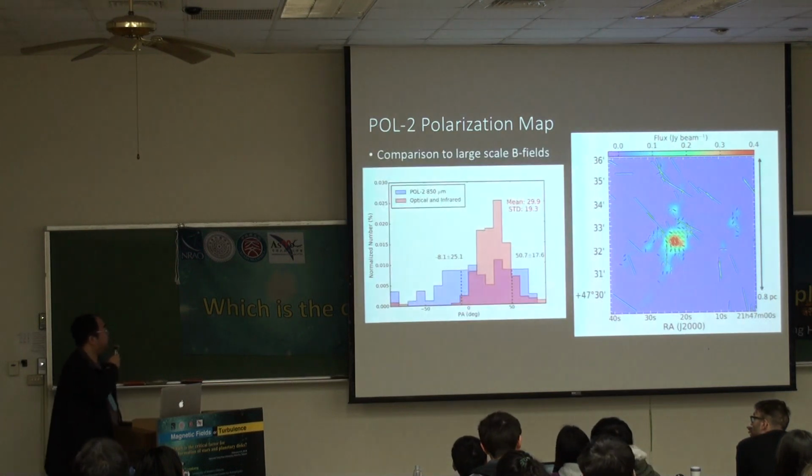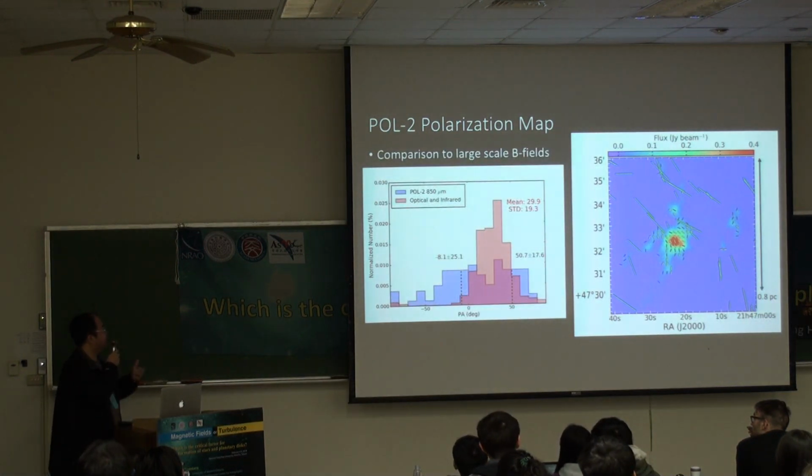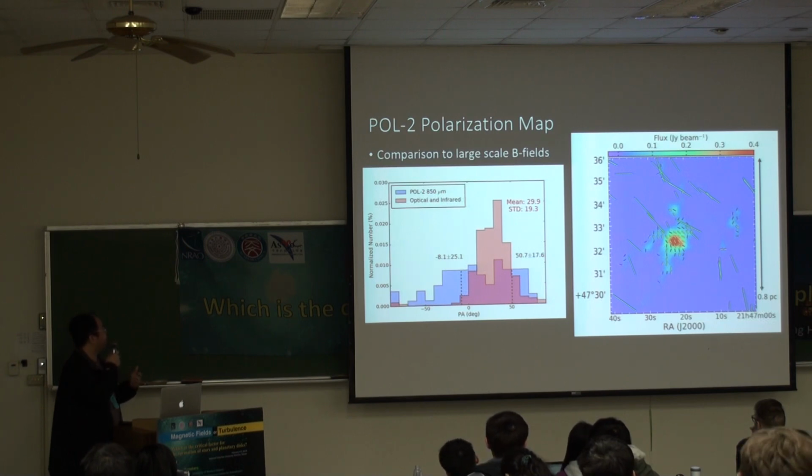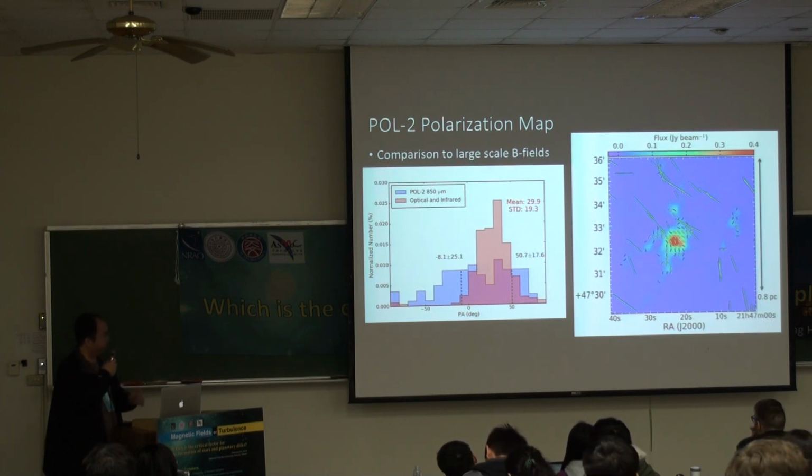To compare the small-scale magnetic field to the large-scale magnetic field traced by near-infrared polarization, here we plot the histogram of the polarization orientation. We show that the magnetic field traced at large scale and by POL-2 have quite a similar average, but in fact the small-scale polarization shows two components that are likely bending from the large-scale magnetic field.